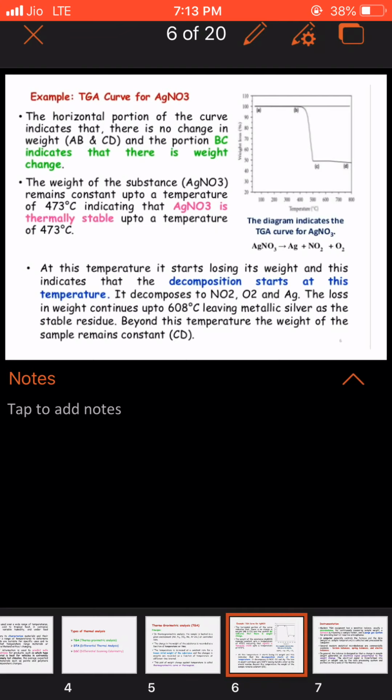So if you heat silver nitrate, it will get converted to silver, and nitrogen dioxide and oxygen gases will be liberated. So that is how you can measure how silver nitrate behaves under thermal conditions, and you can measure this in TGA, thermogravimetric analysis.